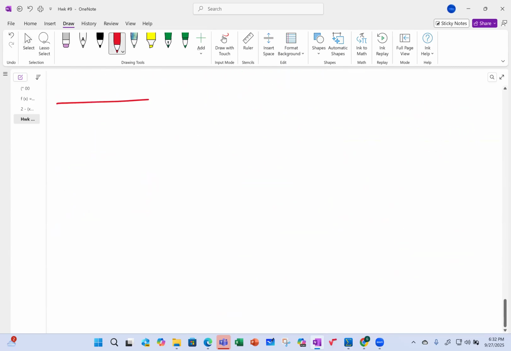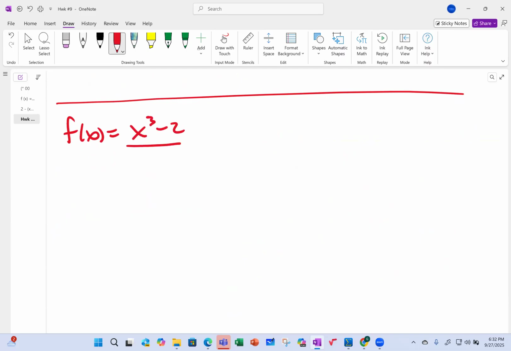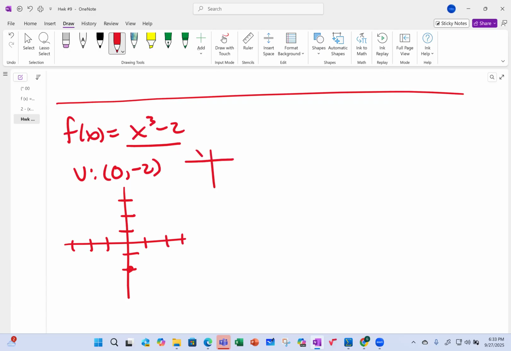And one more on this with graphing our basic functions is our good old x cubed. This technically does not have a vertex, but we'll think of it as 0, negative 2. And what else is here? We maybe want to make a table.